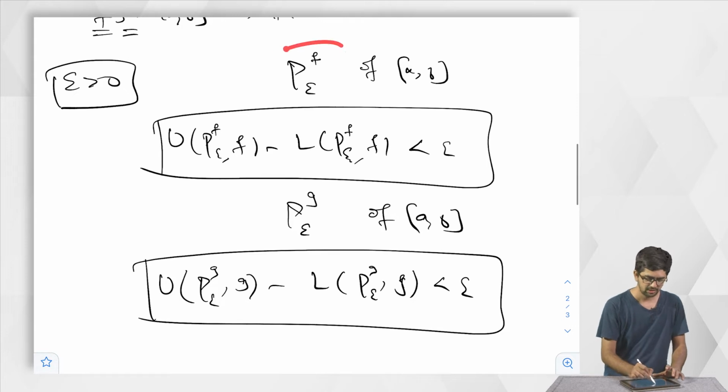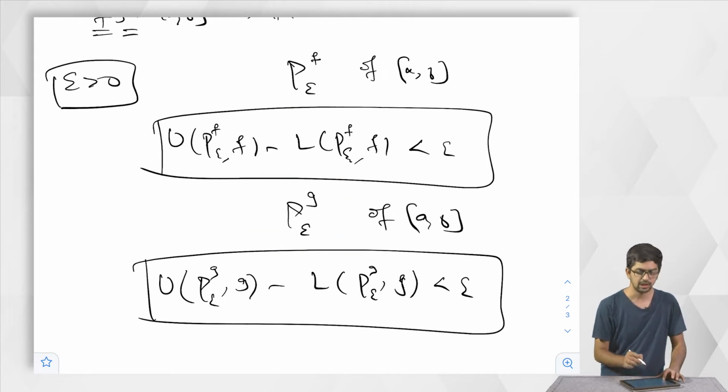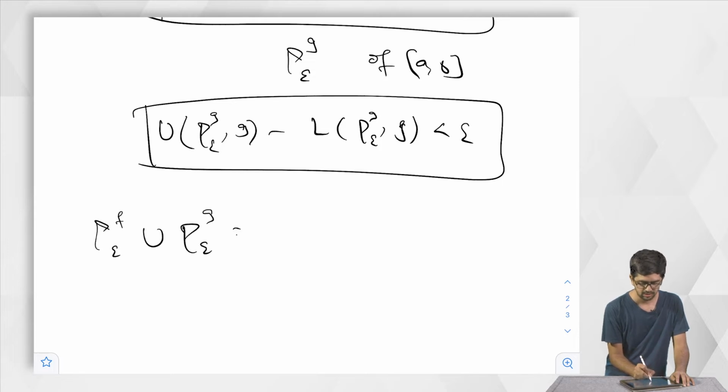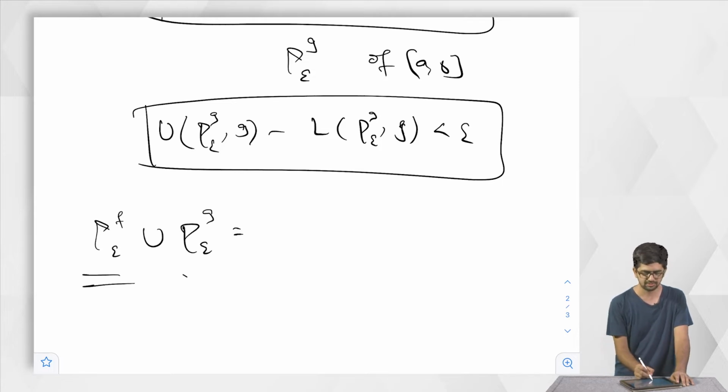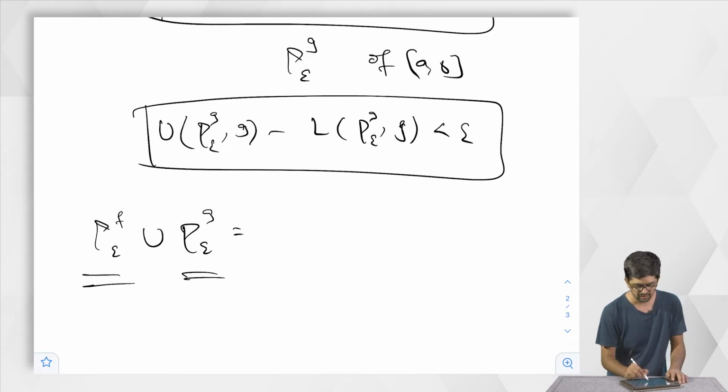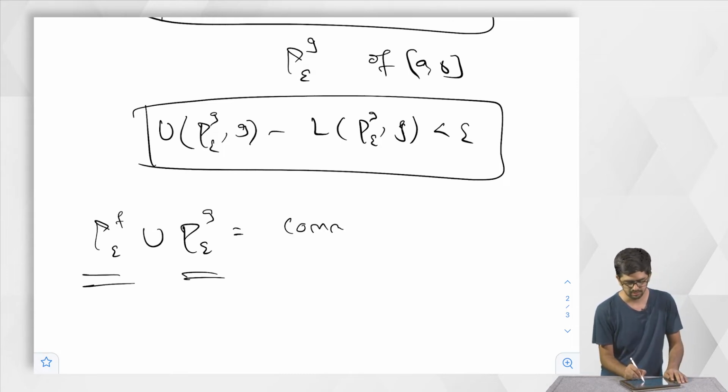Given two partitions, one can consider their union. If I am seeing them as just subsets, P epsilon f and P epsilon g, these are finite subsets of [a, b], their union will be a finite subset of [a, b], and this is what we are calling a common refinement.